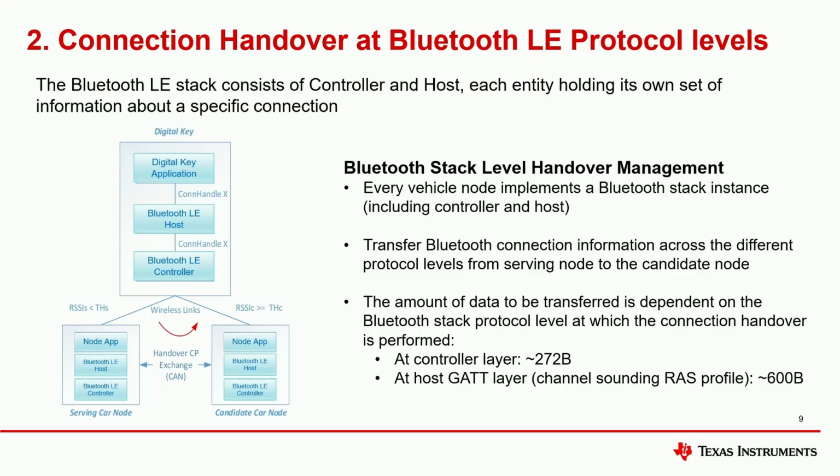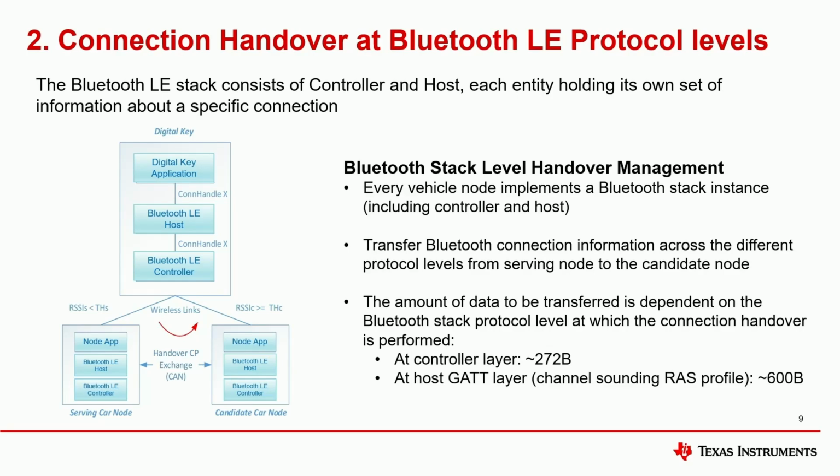Secondly, connection handover. In TI's software solution, we hand over. First, we talked about the Bluetooth low energy stack; the protocol stack contains a controller layer and then a host layer. Both layers contain different information, right? The controller layer contains the channel map, the hopping sequence, and the access address.